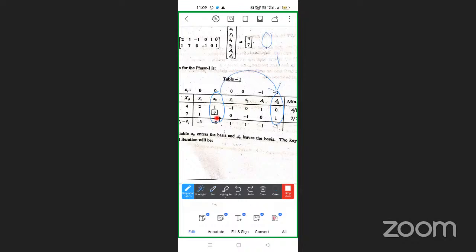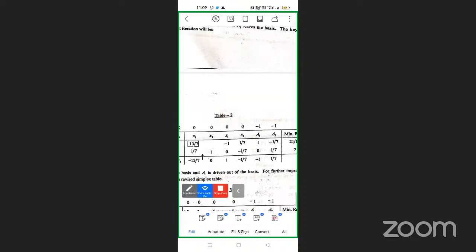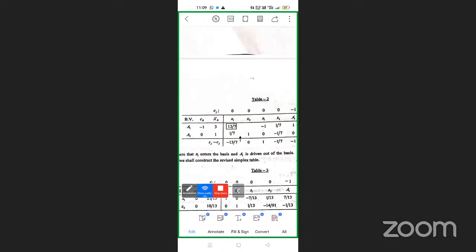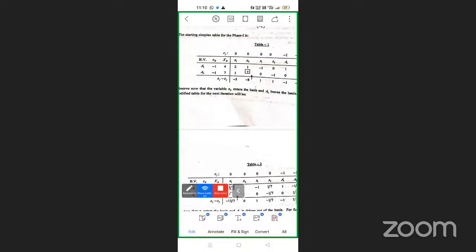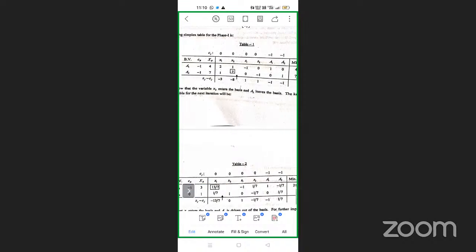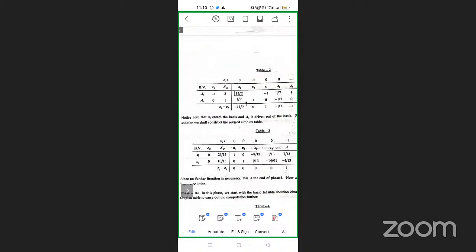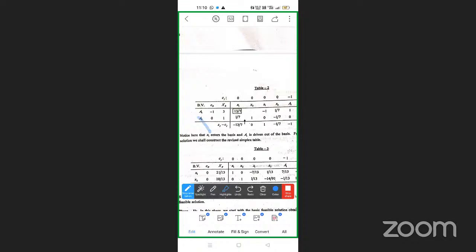Next row: here we write x2 (printing mistake earlier). The x2 coefficient in Cj is 0.